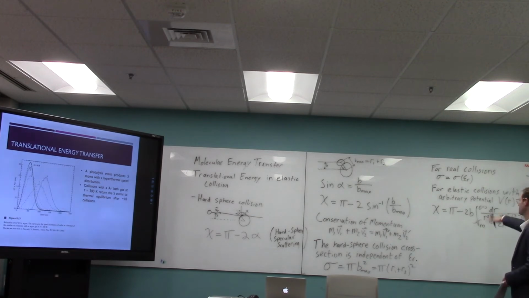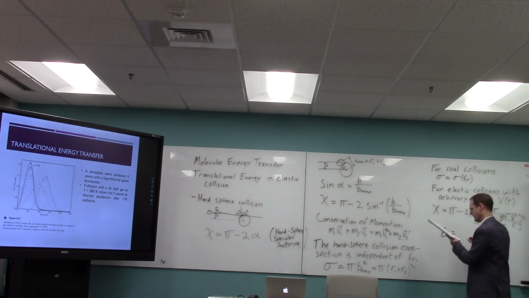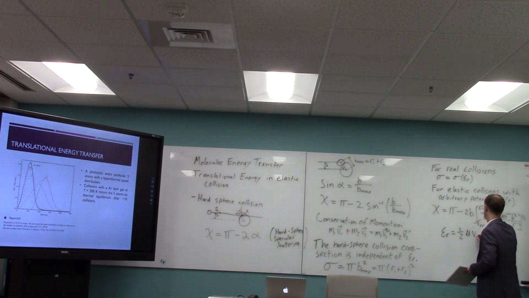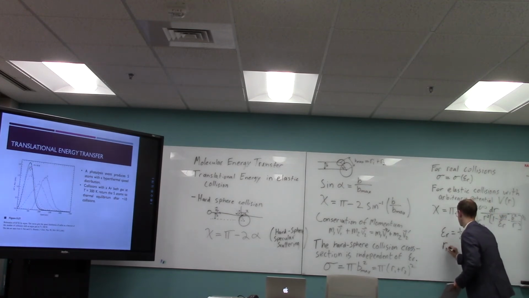And if you're interested, I can show you which book to look at for the derivation. But I don't want to do that much classical mechanics on the board for the sake of time. So I'm not going to give you a derivation of this, but in this equation, ER is the relative energy. It's 1/2 times the reduced mass times the relative velocity squared, and Rm is the distance of closest approach.